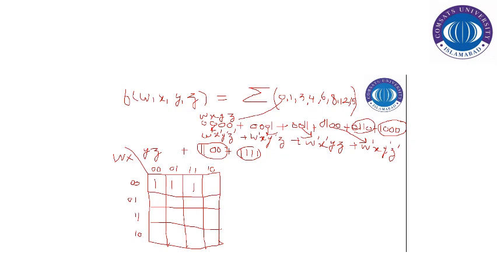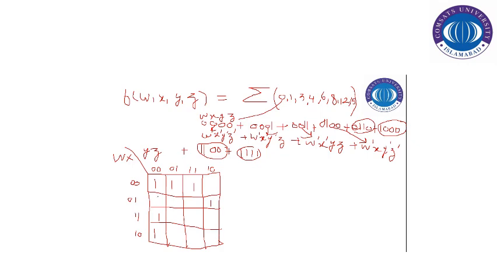minterm number 6, that is 0110. So 0110, this is 1. Minterm number 8 is 1, this is 1. Minterm number 12 is 1, that is 1100. Minterm number 4 is 1, I think so.